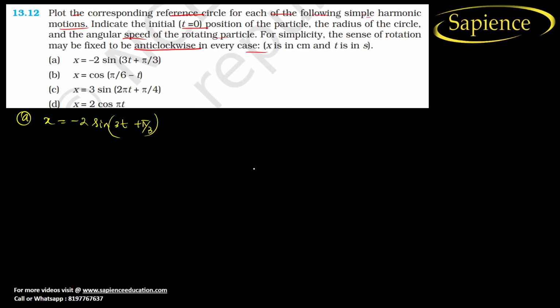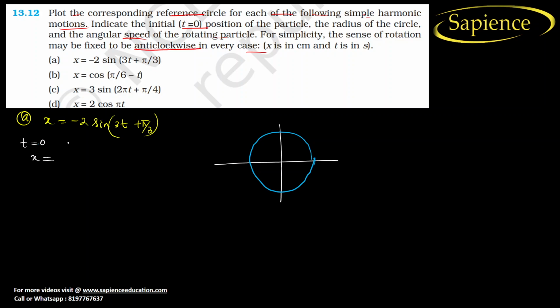So I have made a reference circle like this, with a straight line and a circle, and I am making the circle in blue color. Now at time t equal to 0, what will be the value of x?